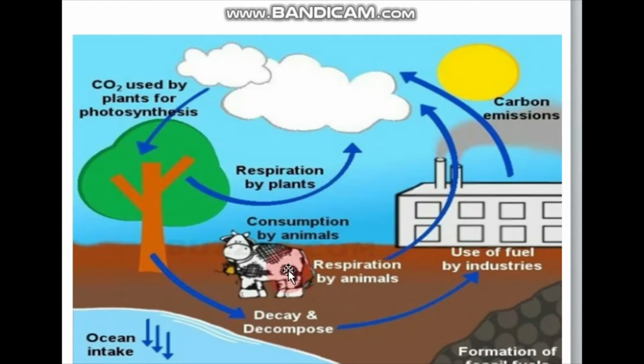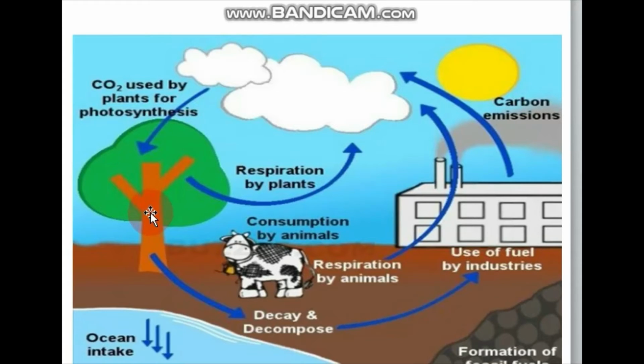Let us not also forget that plants themselves also use the same food in obtaining energy for use. So they also go through respiration, which eventually also releases carbon back into the atmosphere in the form of carbon dioxide.